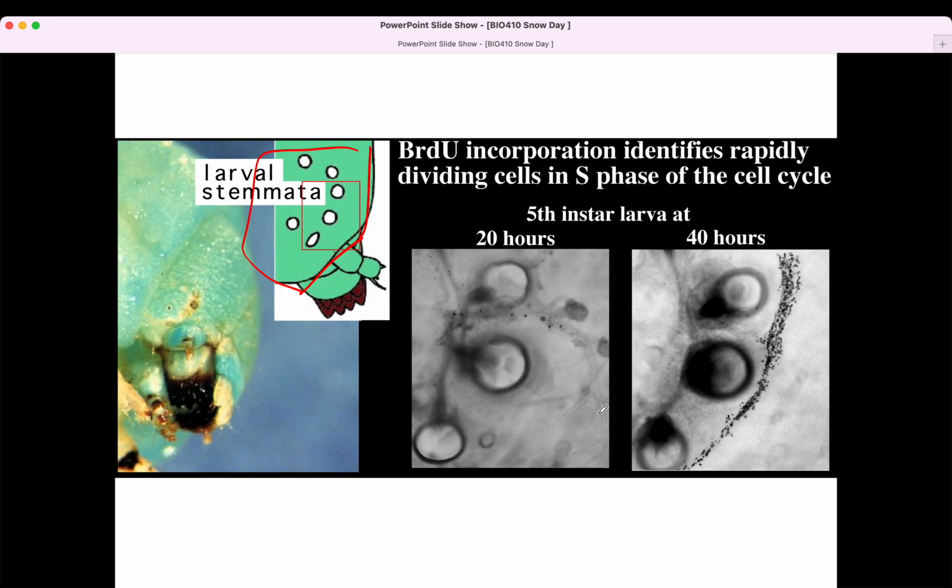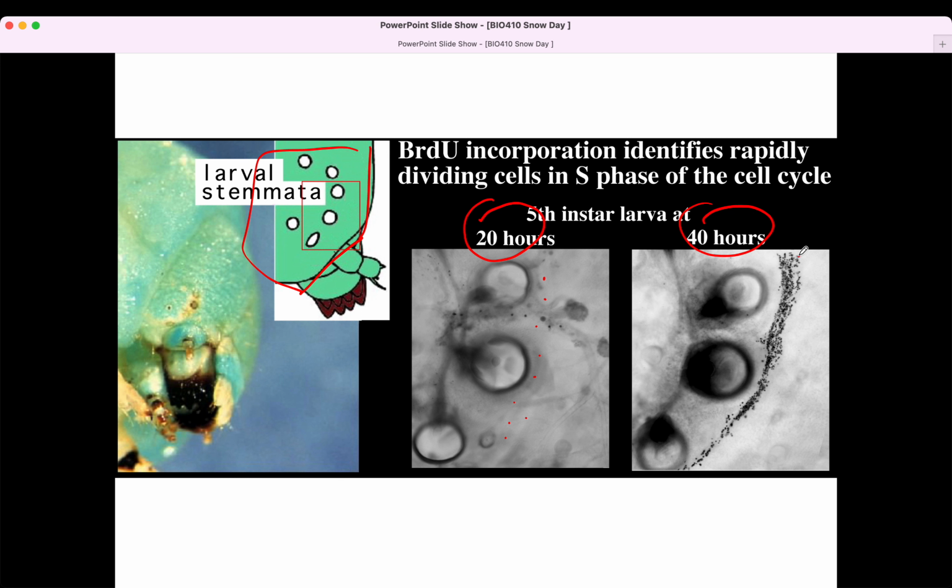And this is what it's going to look like under a microscope, at early hours and later hours. I say metamorphosis starts at 20 hours because it is right after that when we start to see these markers become activated. They get activated slowly, but by 40 hours we've seen this.